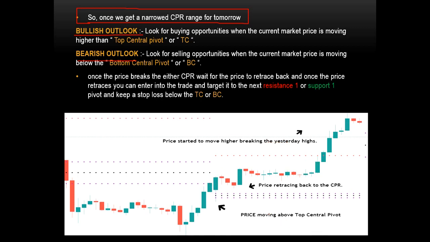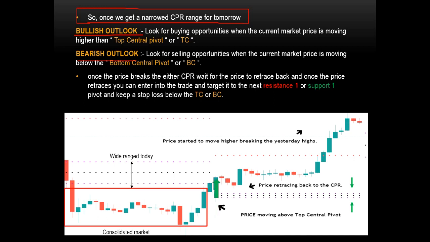Condition number 1. We should have a wide range and a consolidated market today. Therefore, tomorrow's CPR will be narrow and will be a trending market, as I spoke earlier in the video. Condition number 2. Wait for the price to move above or below the CPR. As per the example I've shown here, the price broke the top central pivot, so our view will be bullish here.